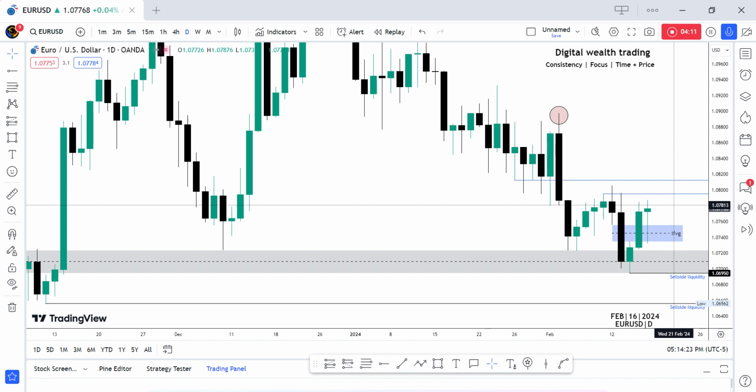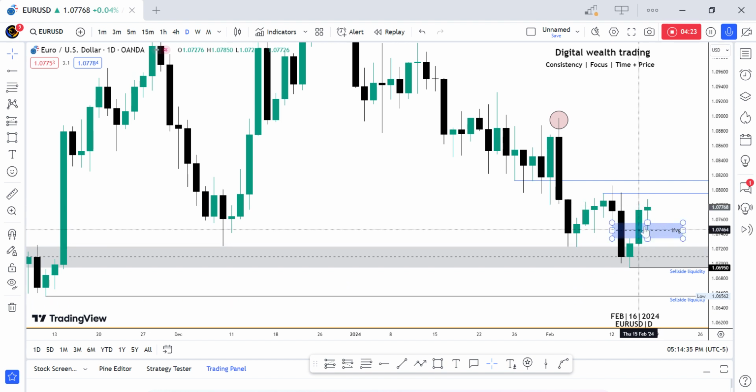We can see euro price into the inversion fair value gap and rally higher after pricing through it, meaning that this particular inversion fair value gap we referred to yesterday, we price into it and we reverse back immediately. That's how we used it today. But what time did we use it? We're going to know that when we go on a lower time frame.